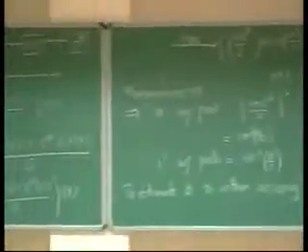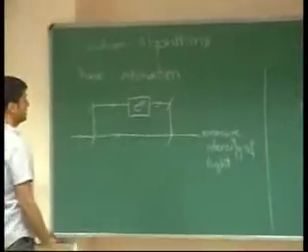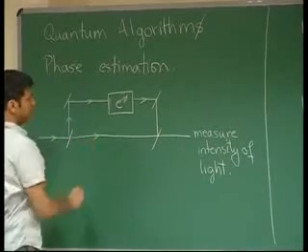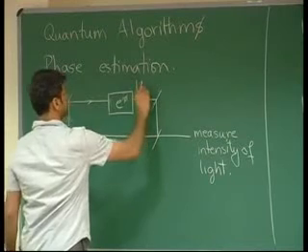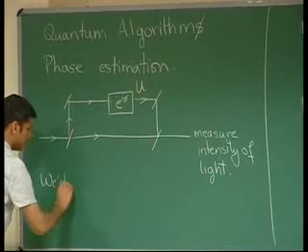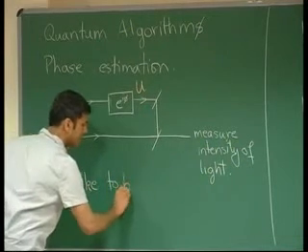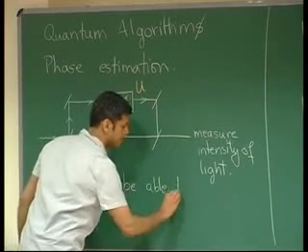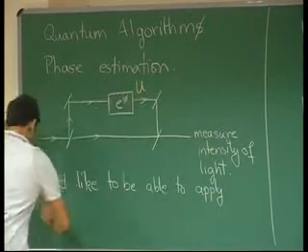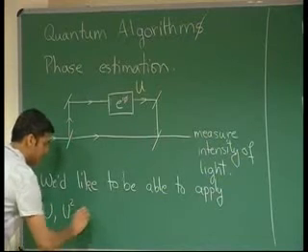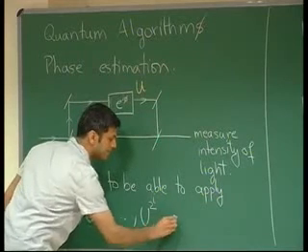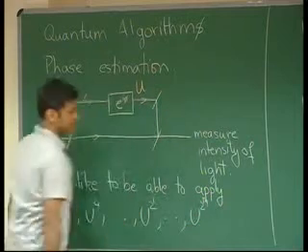Okay, so for convenience, let me introduce some notation: this phase shift operation, let me call it U. We'd like to be able to apply phase shifts which are U squared, U to the fourth, U to the 2^i, all the way up to U to the 2^m.